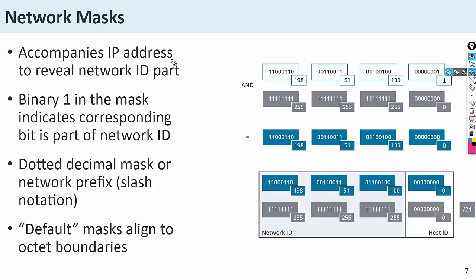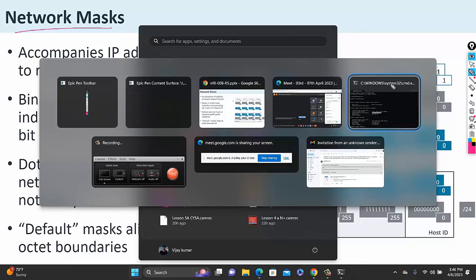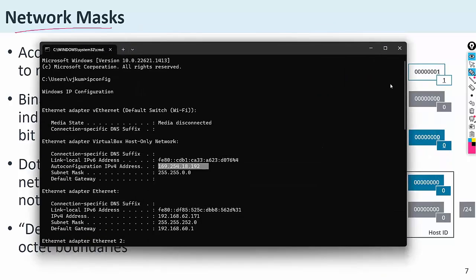So next is the network mask. When you run a command like ifconfig, once you are checking any IP address, here is the subnet mask: 255.255.255.0, right? So what is the subnet mask? The subnet mask is actually the identification of the network.